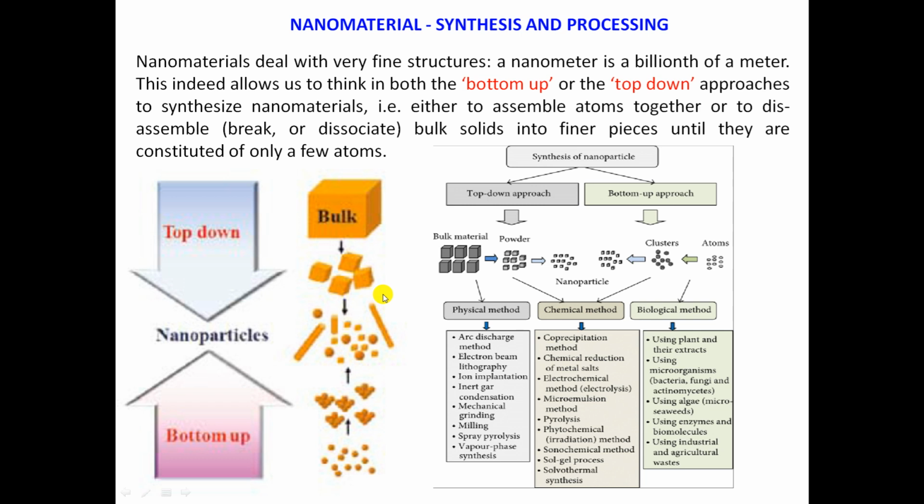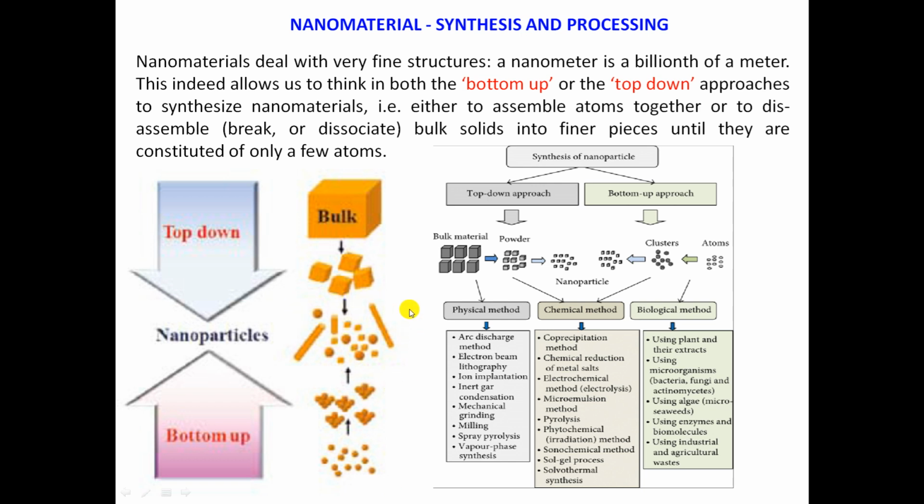That is the top-down approach method. In the bottom-up method, nanoparticles are synthesized by bringing the individual atoms and molecules together to reach the nano size.